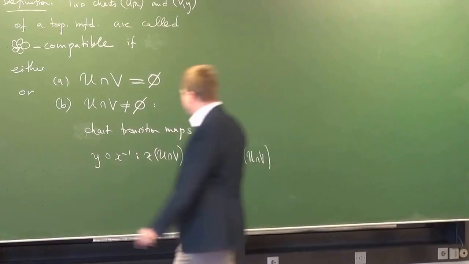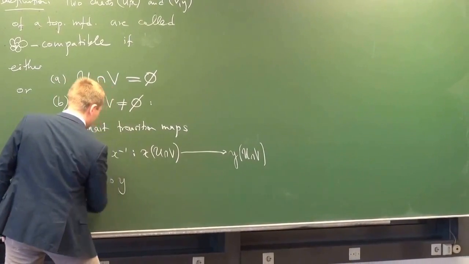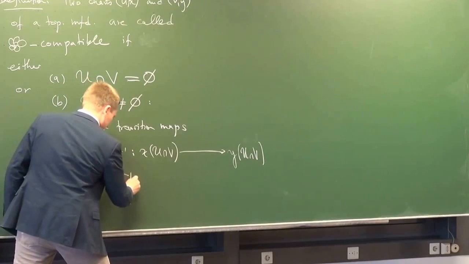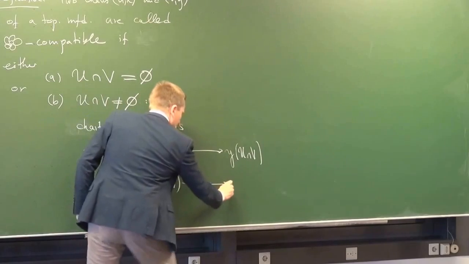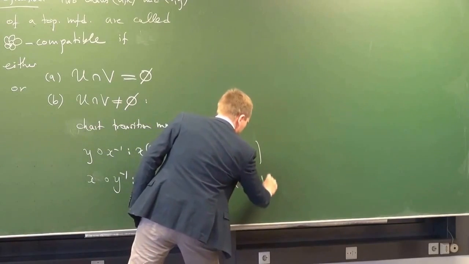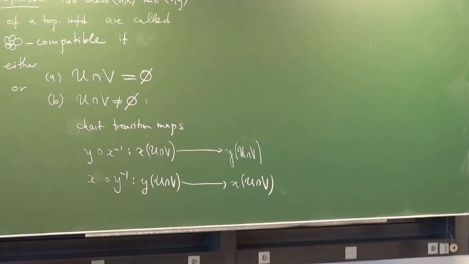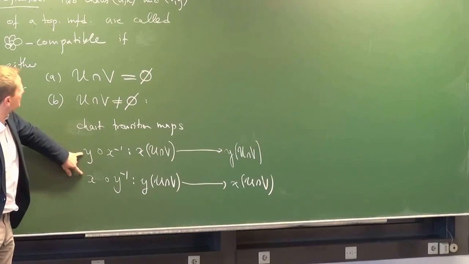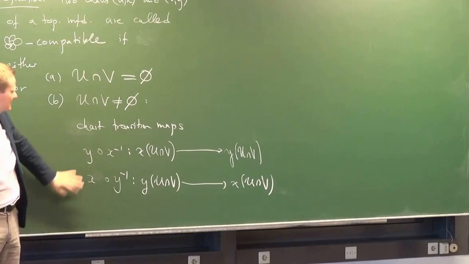If the transition map's this one and its inverse, that's this one, x after y inverse, there the domain is y of u intersected v goes to x of u intersected v. Of course, one is the inverse of the other. One could maybe not write this and say, well, you could rename u in v and x in y and then it's contained, but it's clear like this.